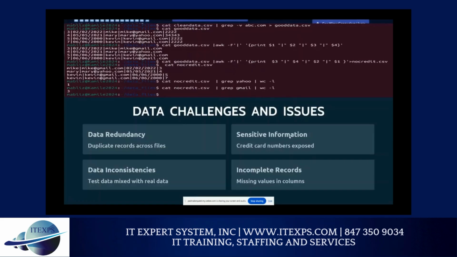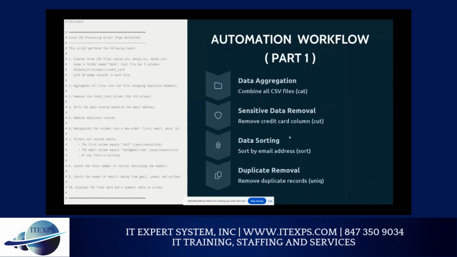Priyank? Yep. Thank you, Maliki. So now let's talk about the challenge, as Maliki was explaining before. We have to do those things in our automation workflow. We begin with our data aggregation. Like Maliki mentioned, we used the cat command.